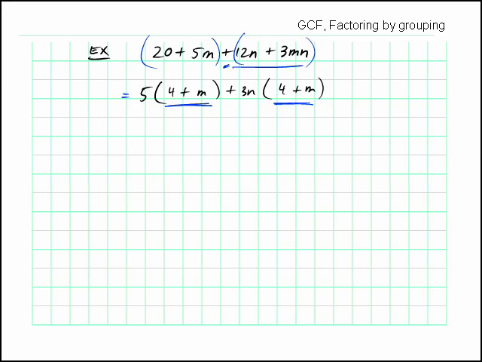If they weren't, then factor by grouping wouldn't be working for this problem. But they are the same, and so we move that 4 plus m out in front. There it is. The leftovers go in the other set of parentheses, which are right here. 5 plus 3n, and we have it factored. Let's try another.